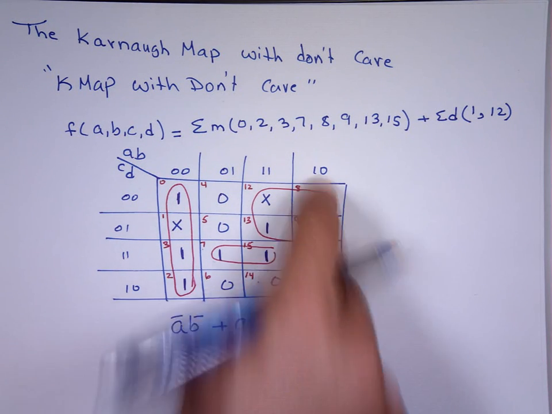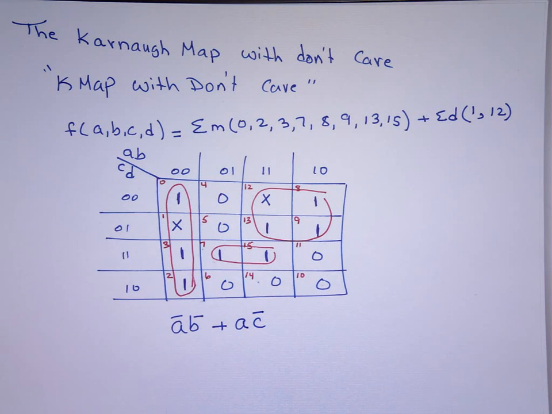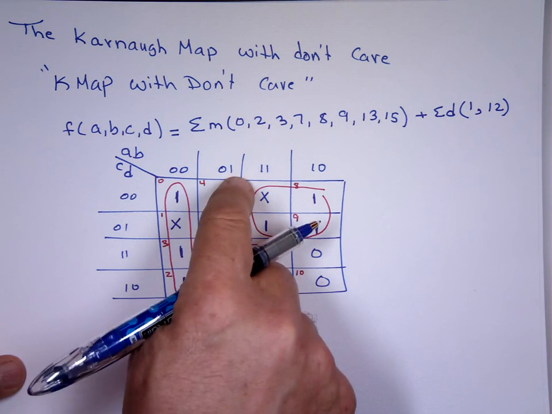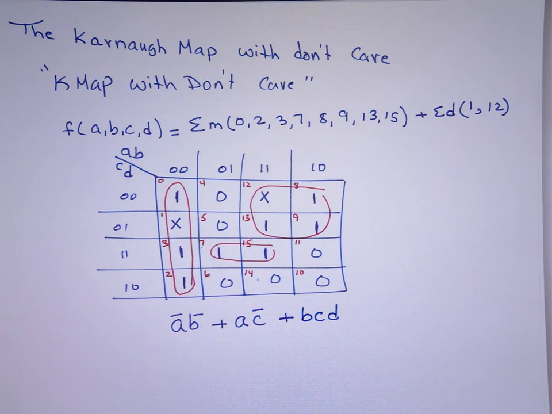A is 1, that's why it's not complemented. C didn't change, that's a 0, that's why it's complemented. Now let's look at these 2 here. And that'll give me what? B. So B is 1, that's good. C is 1, D is 1. I just simplified that.